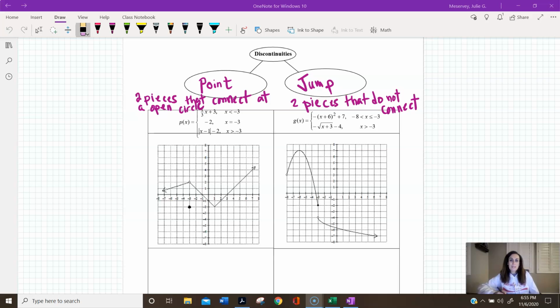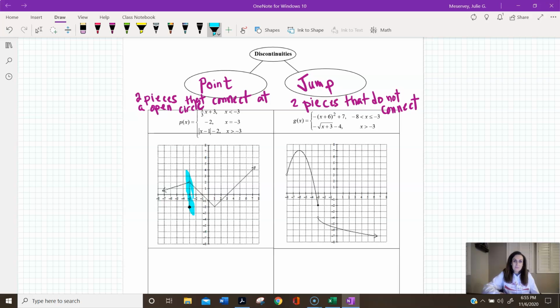So what we're going to do right now is explore limits a little bit. And I want to look at when x is -3 because that's where we get a hole in the graph. So I'm just going to draw, here's -3. And what we're going to do is approach -3.